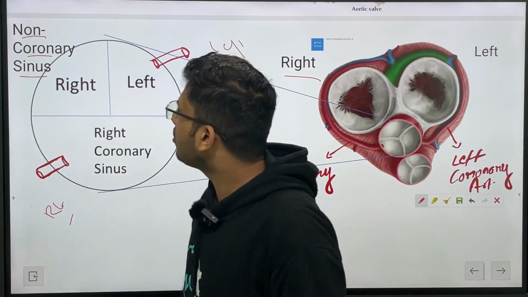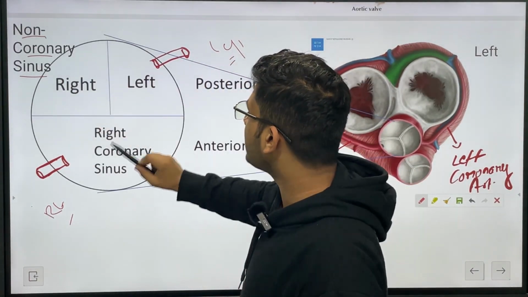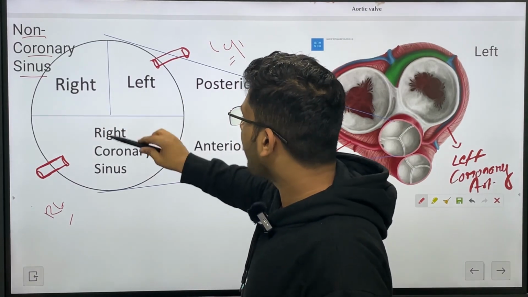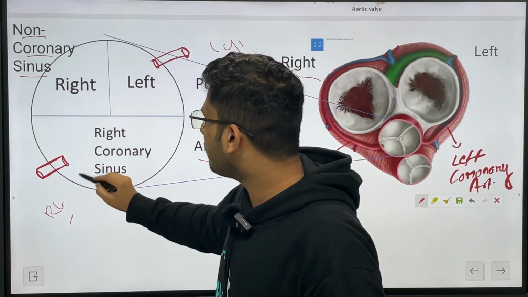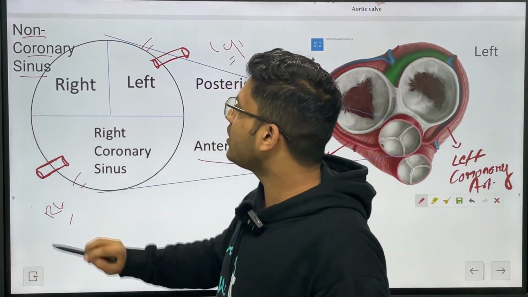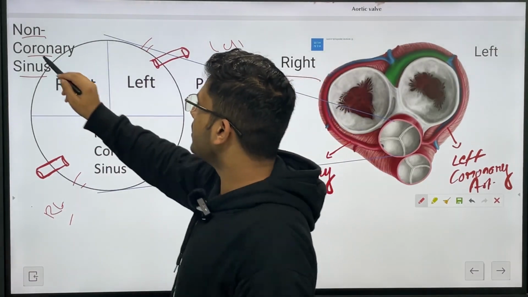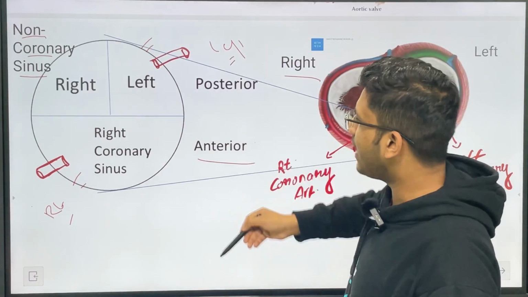It is known as non-coronary sinus. So aorta is divided into three sinuses, left, right, and one is anterior right. Right coronary sinus is this one, left coronary sinus is this one, and the sinus which is not giving any artery is non-coronary sinus. This is the posterior side and this is the anterior side.